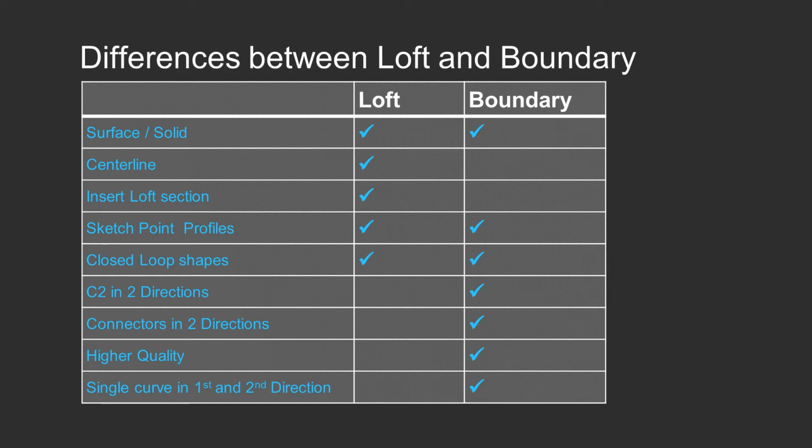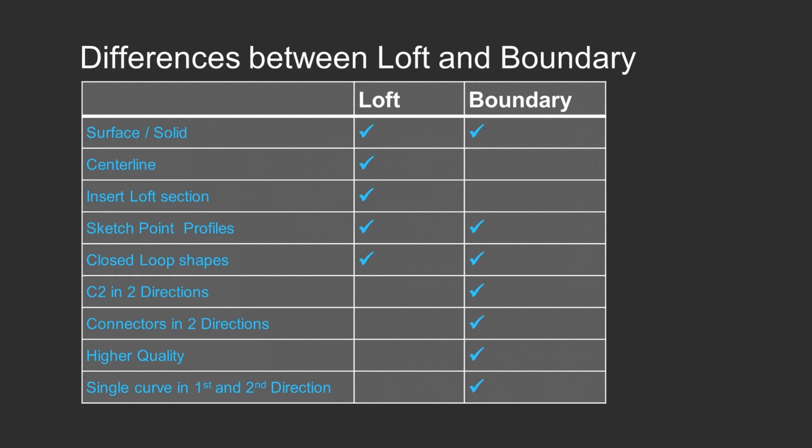Loft was more of a sweep feature actually underneath. It was taking a number of loft sections and then calculating a path using the guide curves. This is no longer the case with boundary, because boundary will give equal influence to all four sides or all two sides.